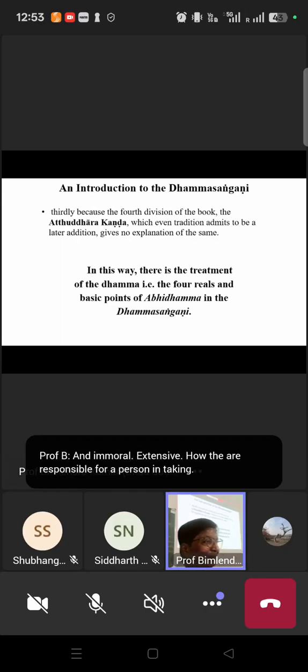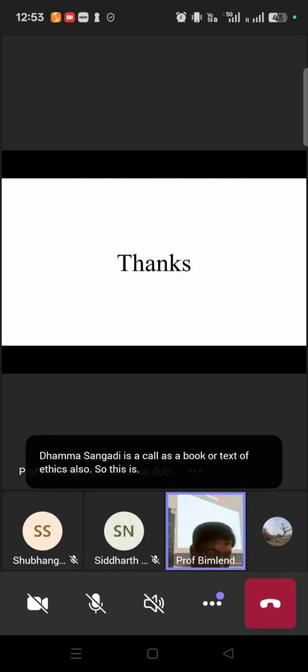In that way, this book, Dhammasangani, is called a book or text of ethics also. So this is the treatment of Dhamma which has been discussed here.